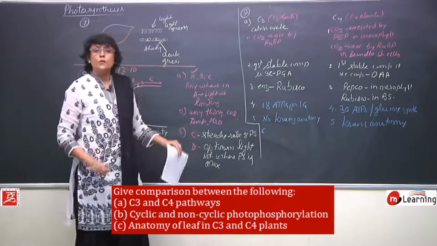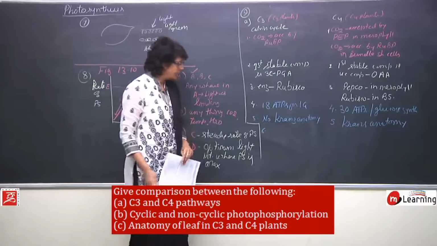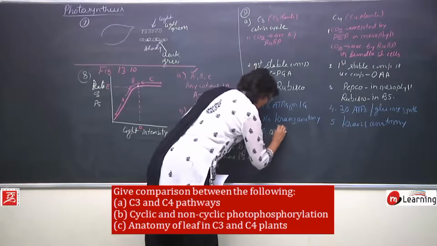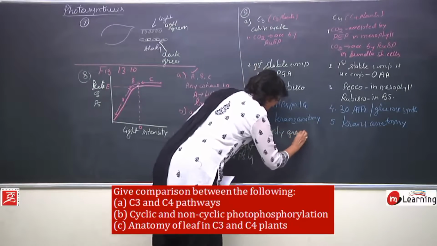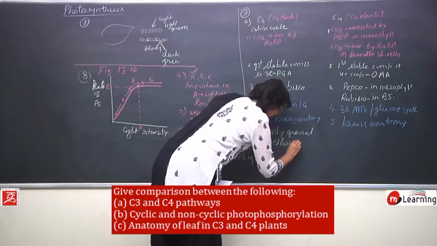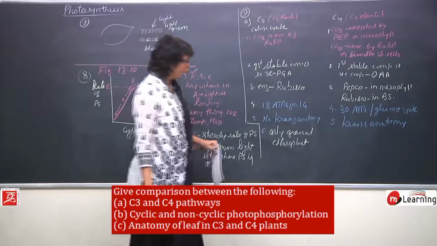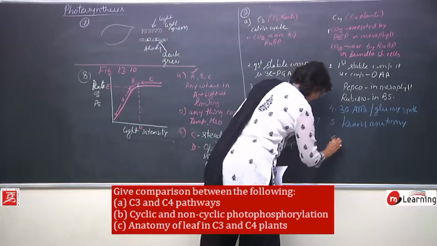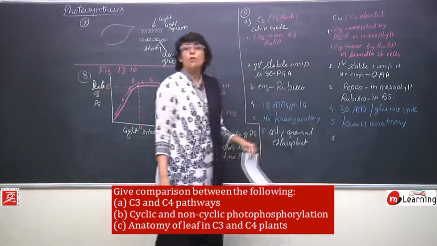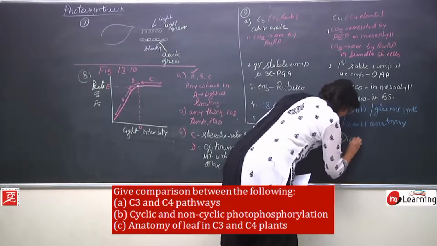How many types of chloroplasts are required in C3 plants where only the C3 cycle is taking place? Only granal chloroplast. And in case of C4 plants where the C4 cycle is taking place, dimorphic chloroplasts are present.